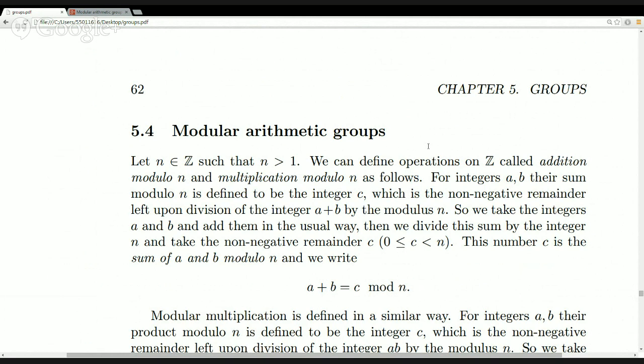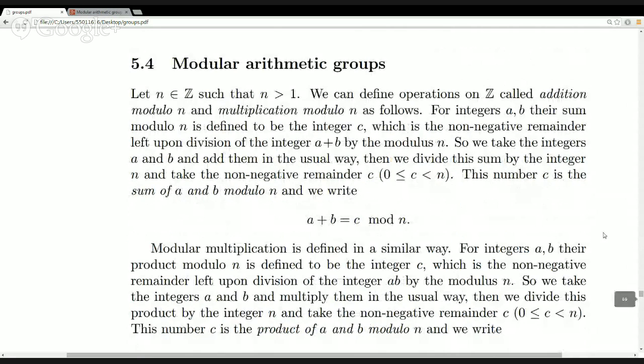So these are two examples of binary operations. So n is some fixed modulus. It's just an integer greater than 1. It's called a modulus. So what does addition modulo n mean? What does multiplication modulo n mean?